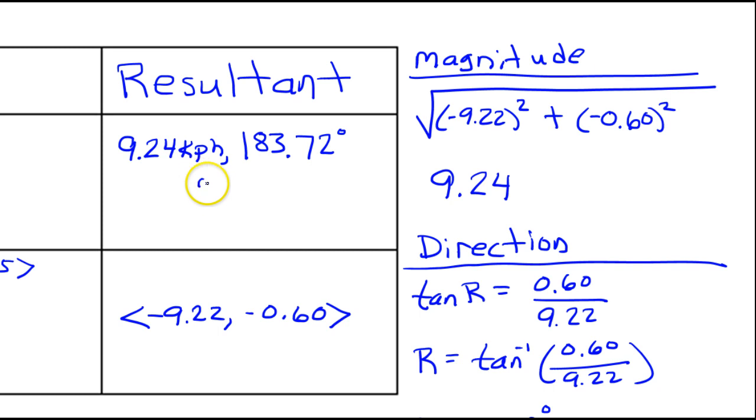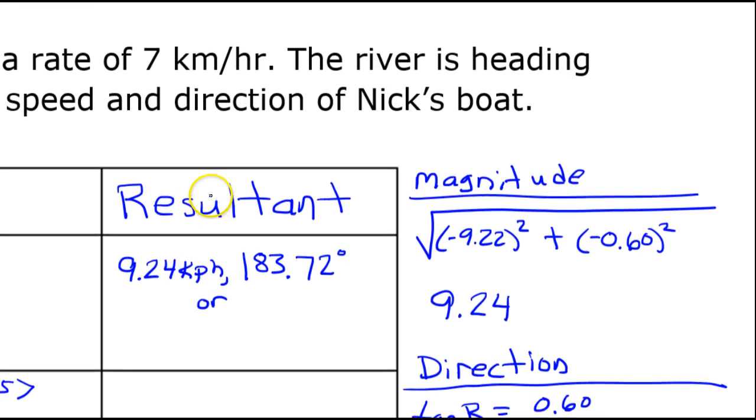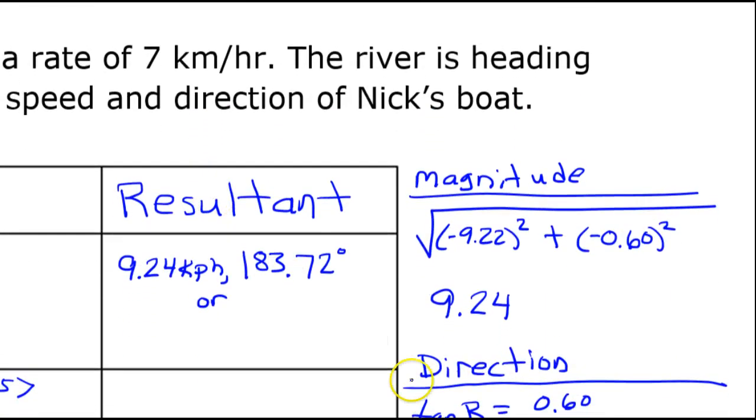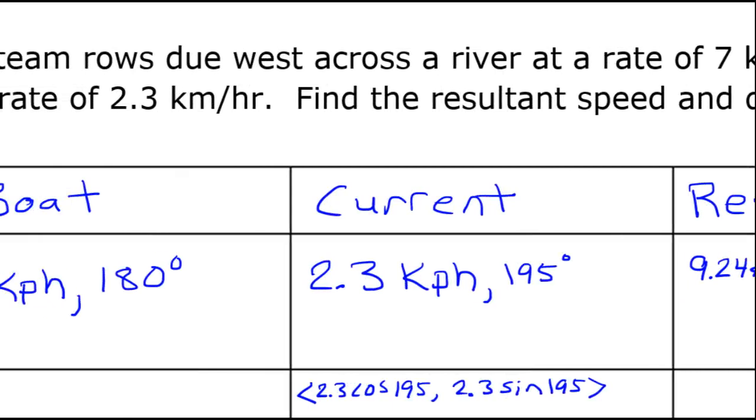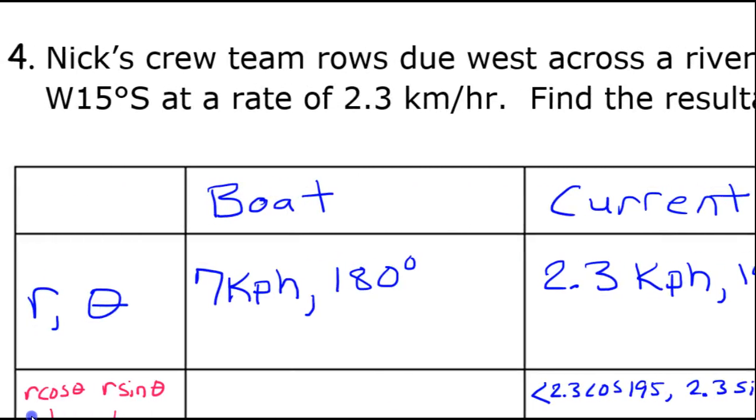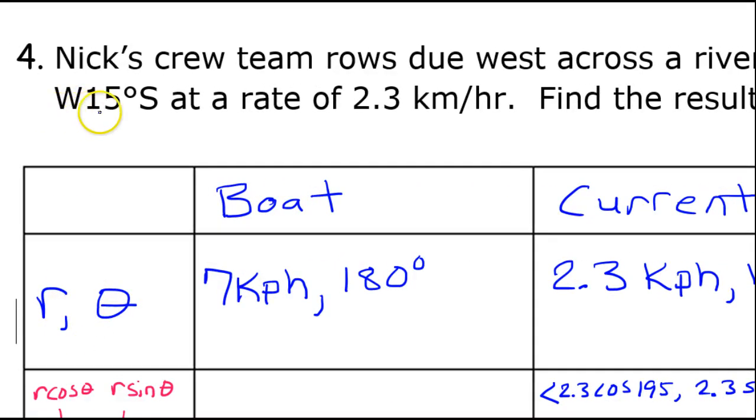However, this is not going to be our final answer. Because of this direction, we have to be careful. Our final answer, we should give the direction using the same format that they use to give us the direction. So look at this direction, for example, west 15 degrees south. We need to use this type of format for the direction of our final answer.